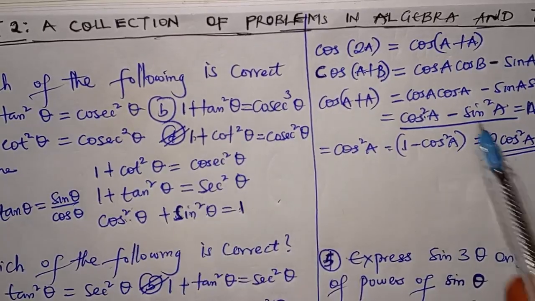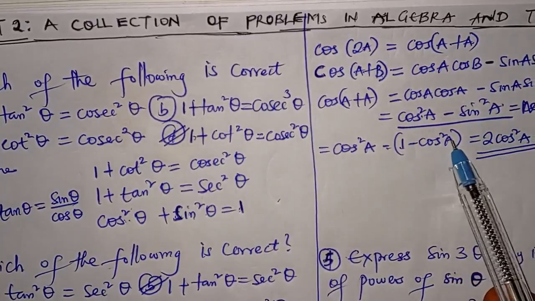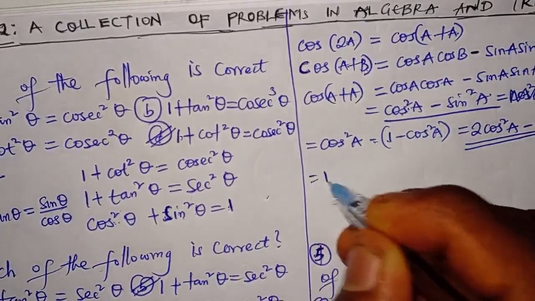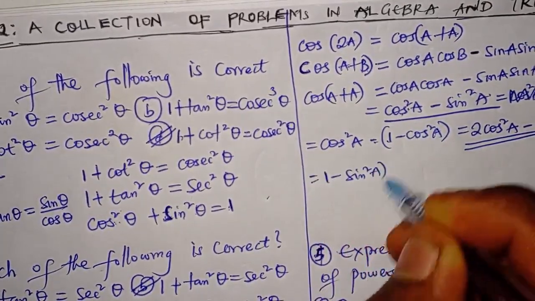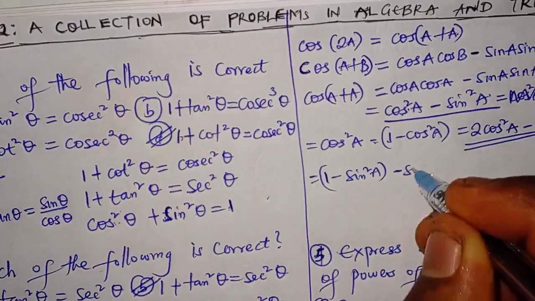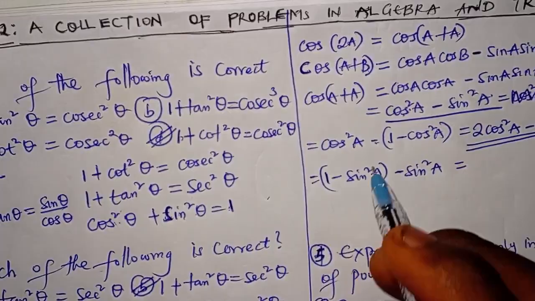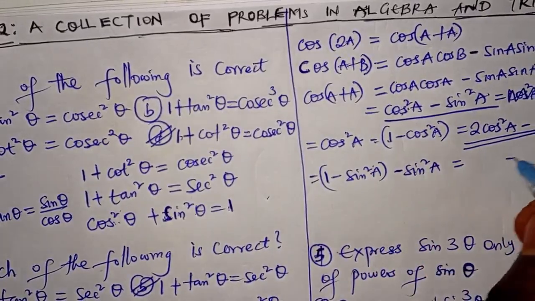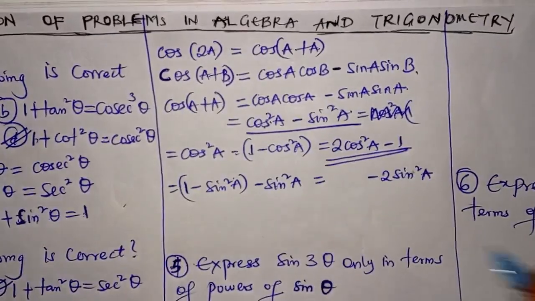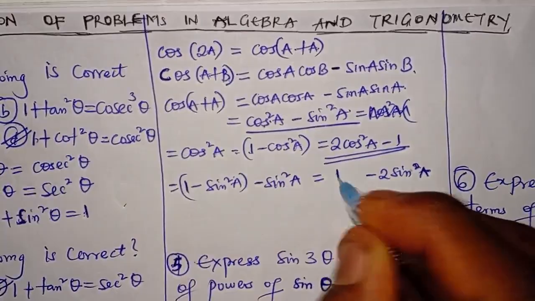So when I made sine squared A the subject, I had 1 minus cos squared A. Making cos squared A the subject now, it will be (1 minus sine squared A) minus sine squared A. So this is minus sine squared A minus sine squared A, that's minus 2 sine squared A. Then the 1 is still there.